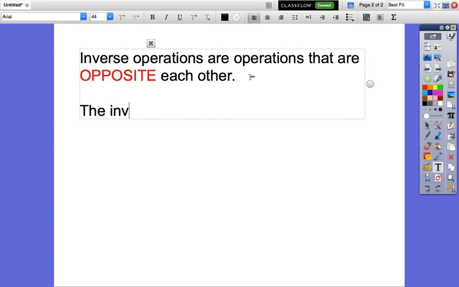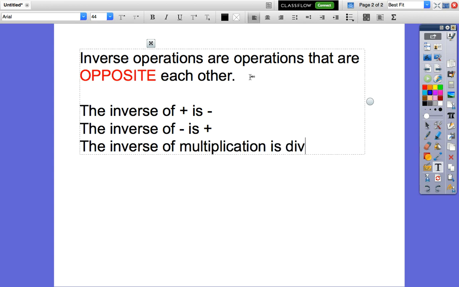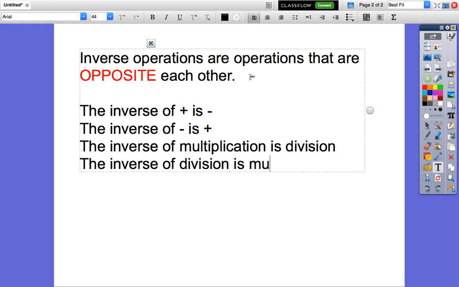The inverse of addition is subtraction. The inverse of subtraction is addition. The inverse of multiplication is division. And the inverse of division is multiplication.